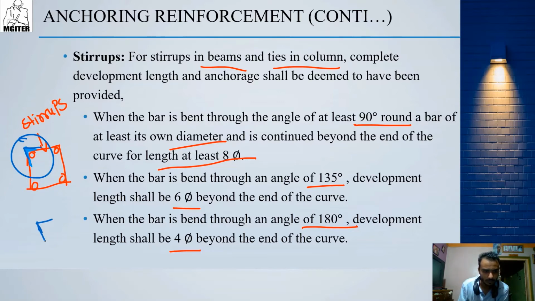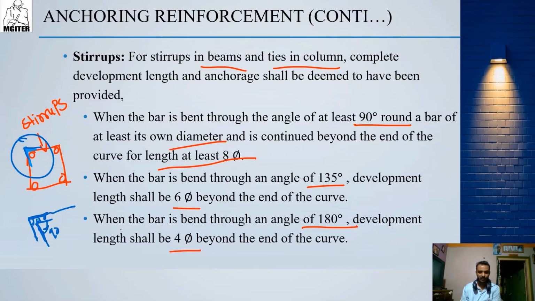One more stirrup is like this: one end looks like this and the second end looks like this. At that time this angle will be 90 degrees. Same condition here, 90-degree angle. The length should be at least 8 times the diameter.